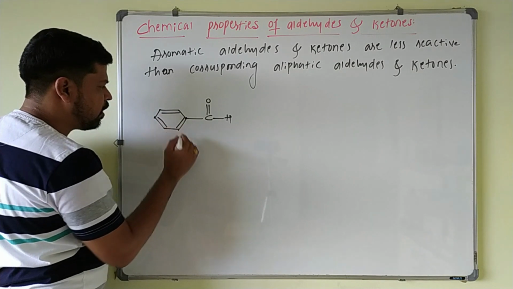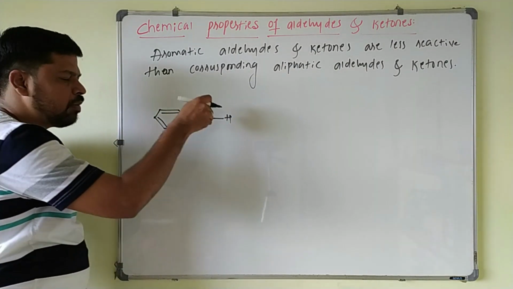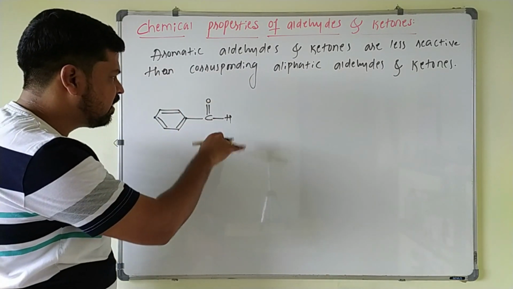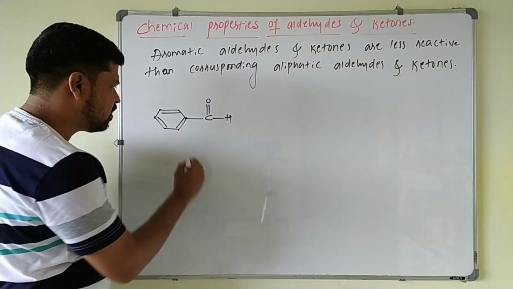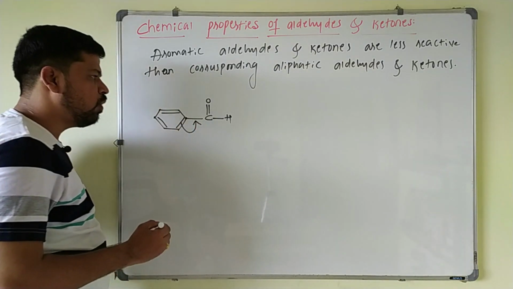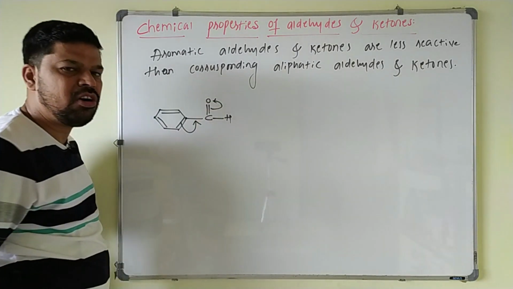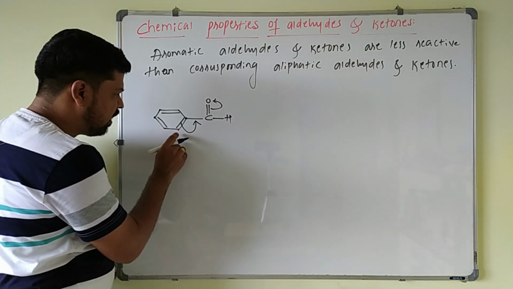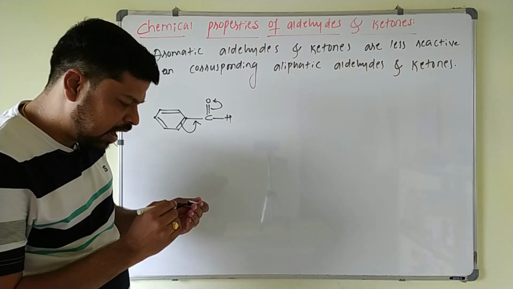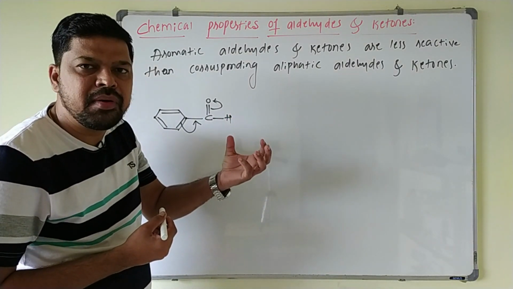Due to positive resonance effect of this benzene ring, the positive charge density on the carbonyl carbon sharply decreases, then its reactivity decreases here, because this benzene ring acts as electron releasing towards the carbonyl carbon, so that these electrons are transferred towards what? Oxygen.